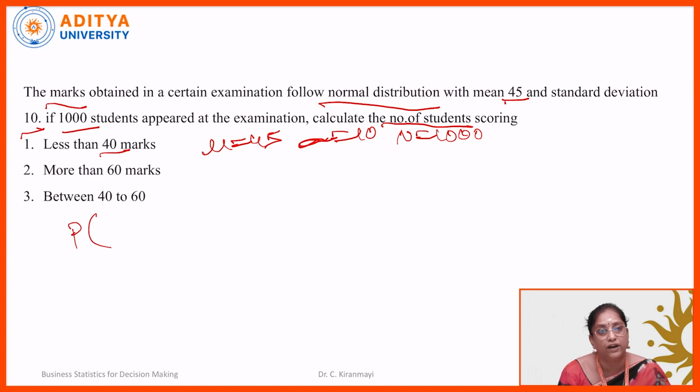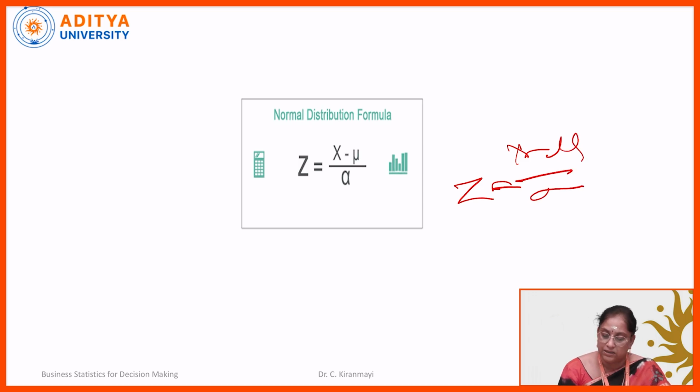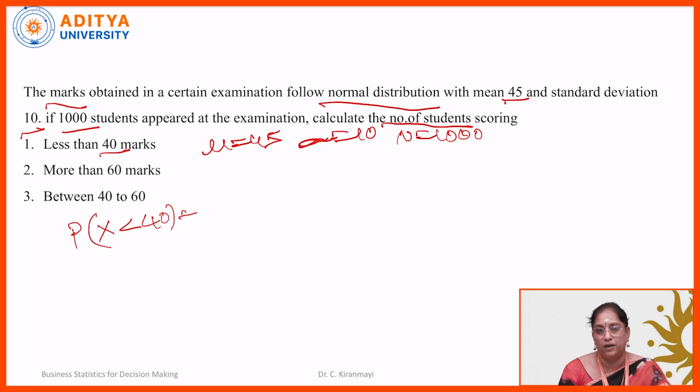Therefore, we have to find the probability that x is less than 40, and we have the formula to calculate the normal probability, that is z is equal to (x minus mu) by sigma. Here, x we consider as 40.